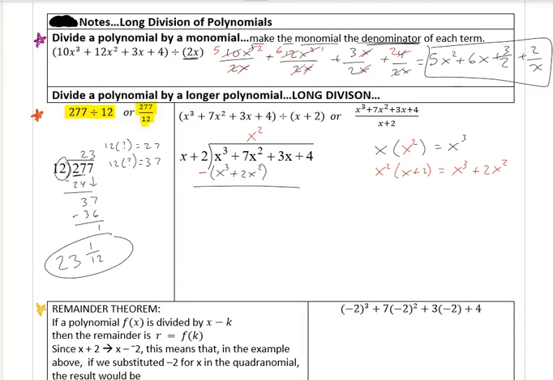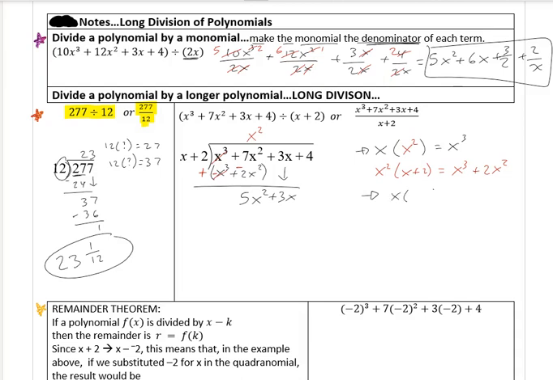And don't forget that when you're subtracting, this can become a positive, this becomes a negative, and this becomes a negative. So these will cancel. 7 minus 2 is 5. So I get 5x squared, and I bring down the next term. Then I repeat the process over again. There's the first one. Here's the second one.